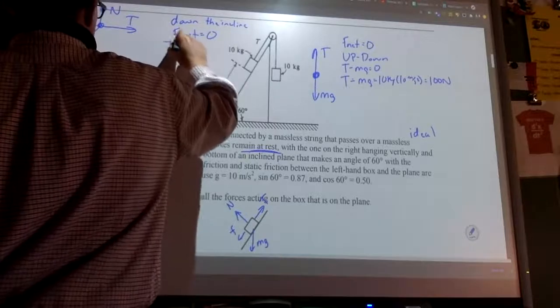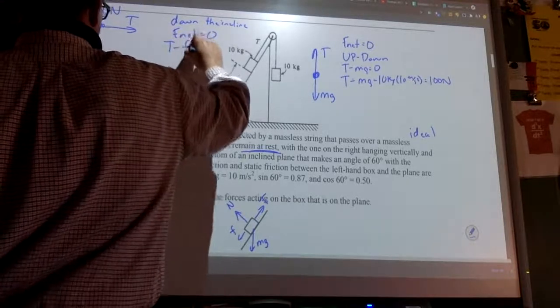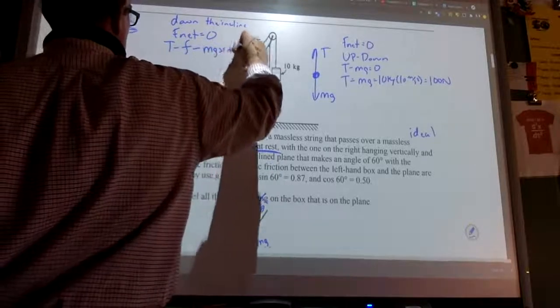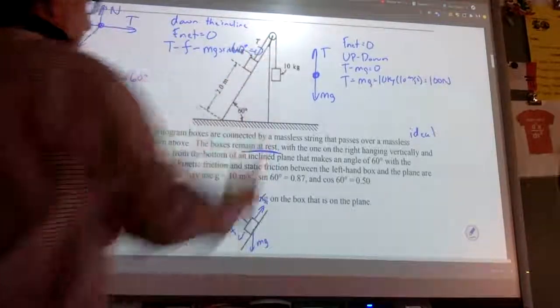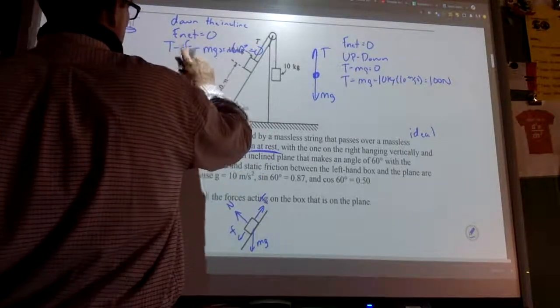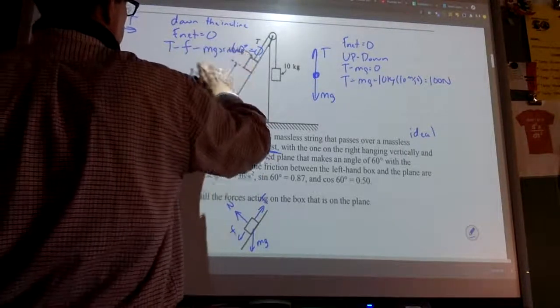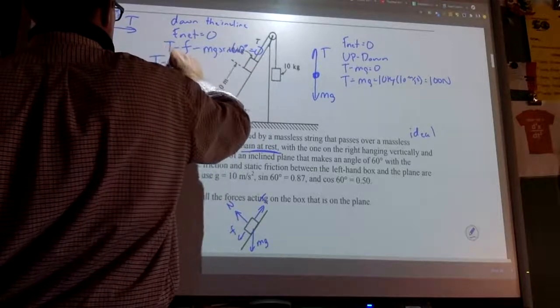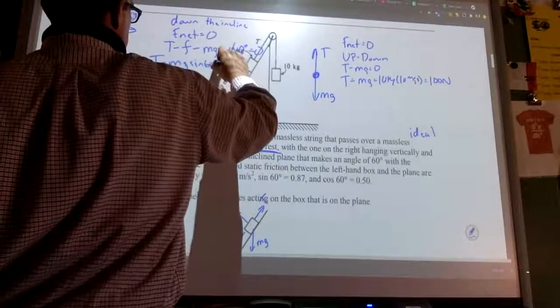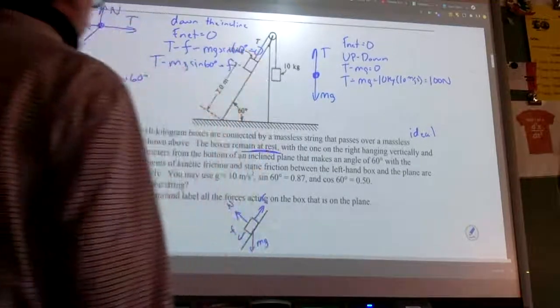I'm going to say T minus F minus mg sine of 60 is equal to 0. And so I'm going to add F to the other side, and I'm going to have T minus mg sine of 60 is equal to F.